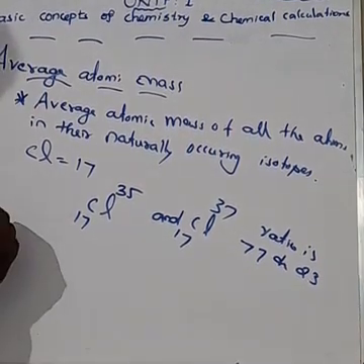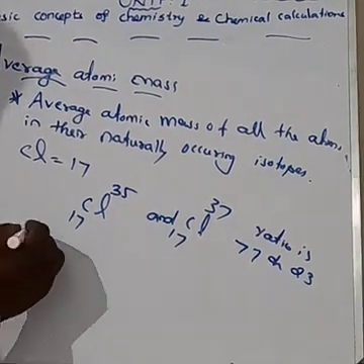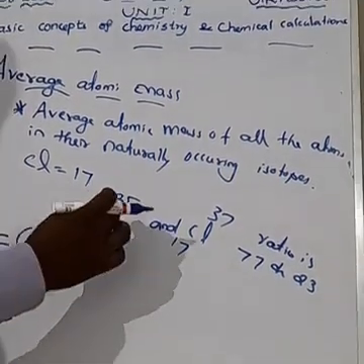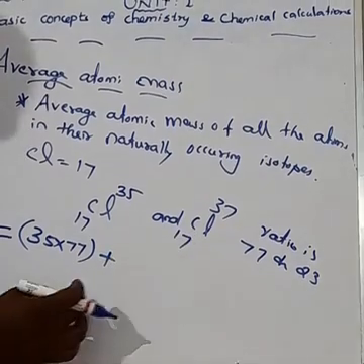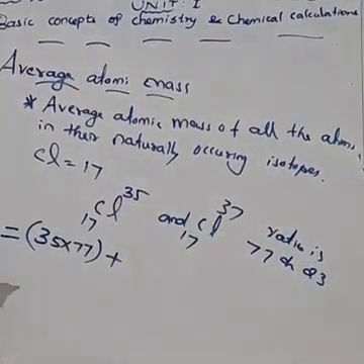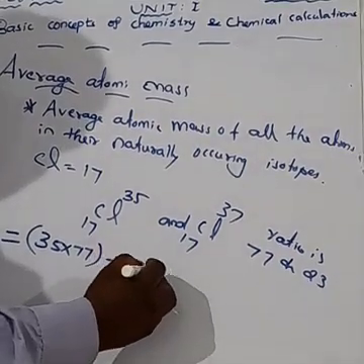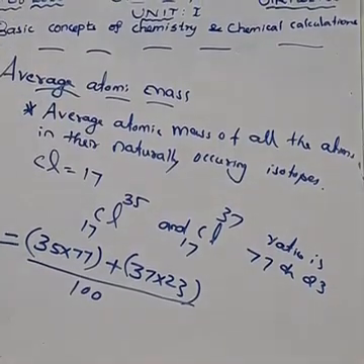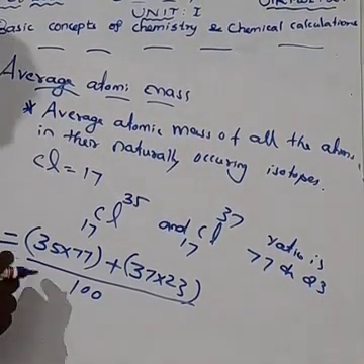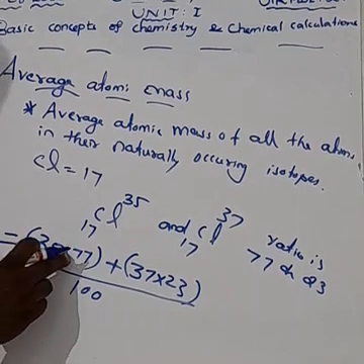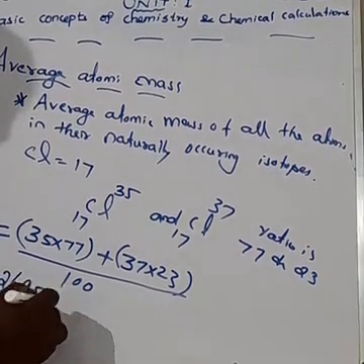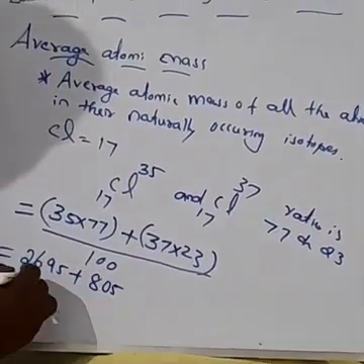The formula is (35 × 77 + 37 × 23) divided by 100. 35 × 77 is 2695, plus 37 × 23 is 851, divided by 100.